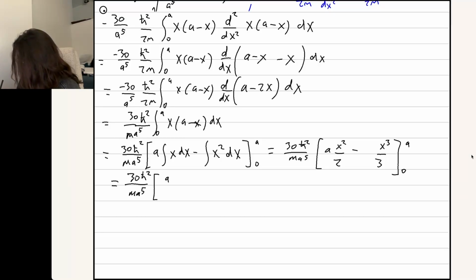We got a cubed over 2 minus a cubed over 3.